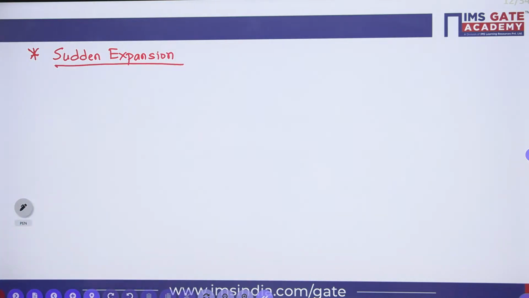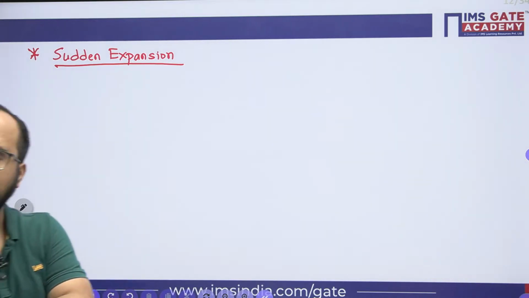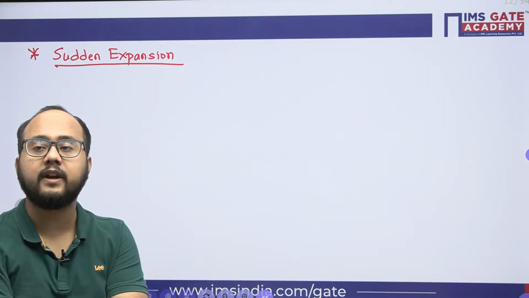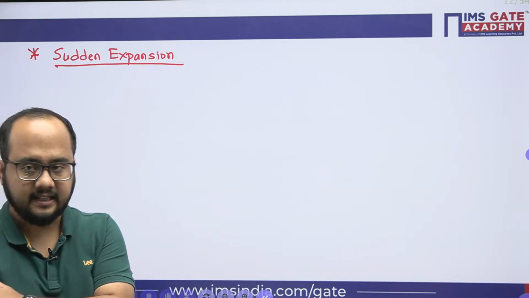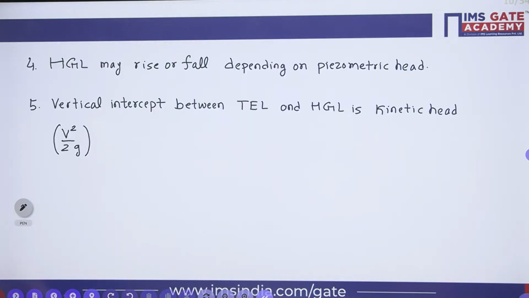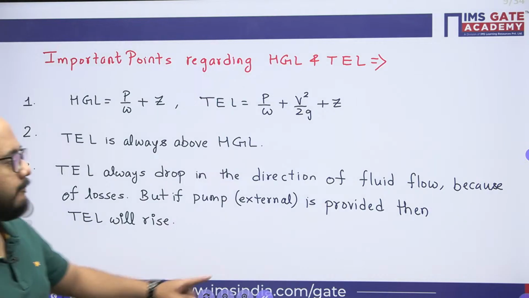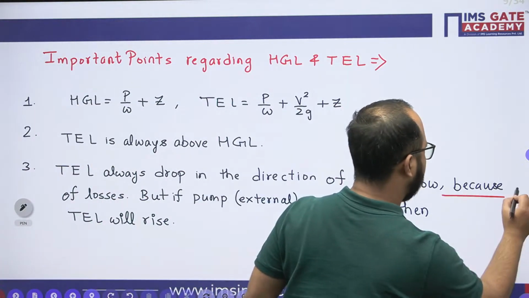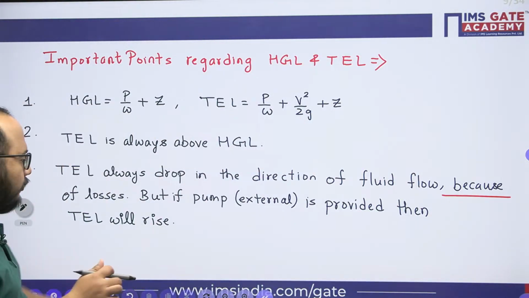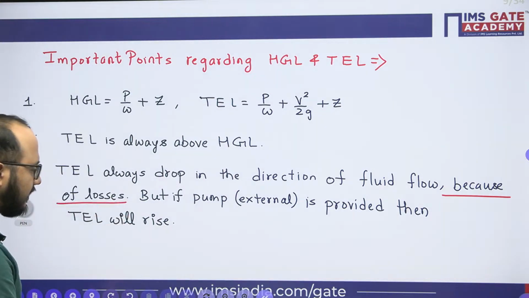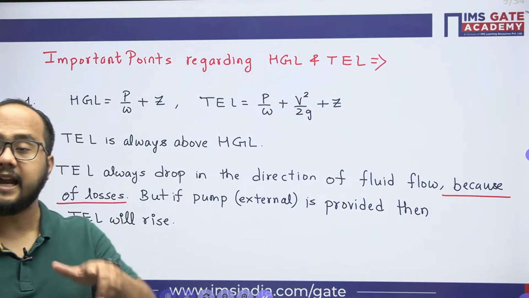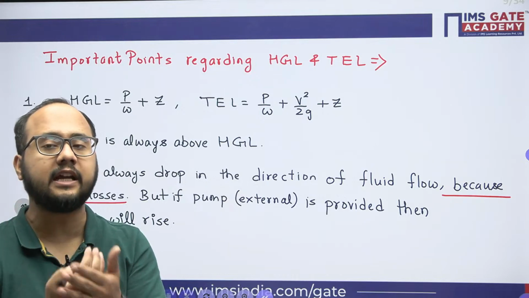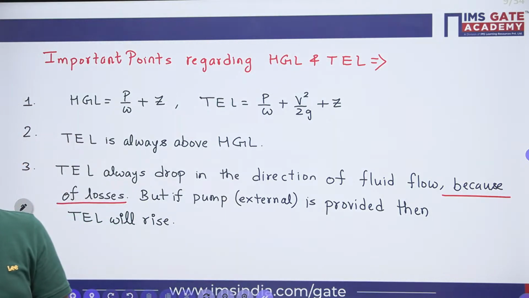Yes Manjit, absolutely correct, TL will always decrease, and the reason I have discussed here: because of the losses, as the fluid flows, the total energy line, which consists of all the energy forms, will decrease obviously, correct?